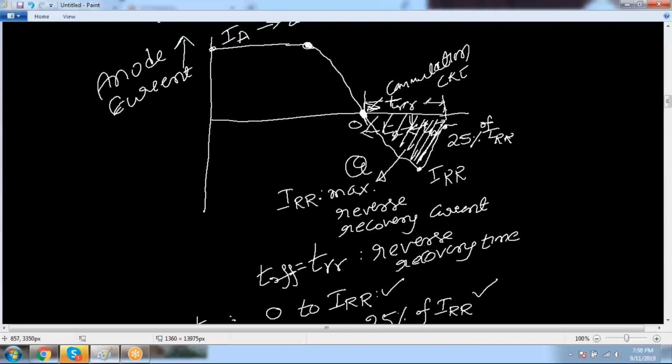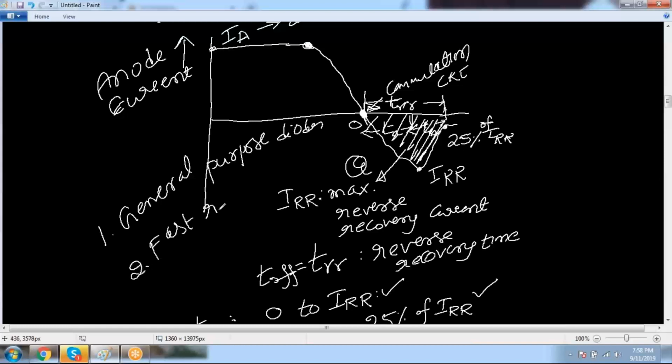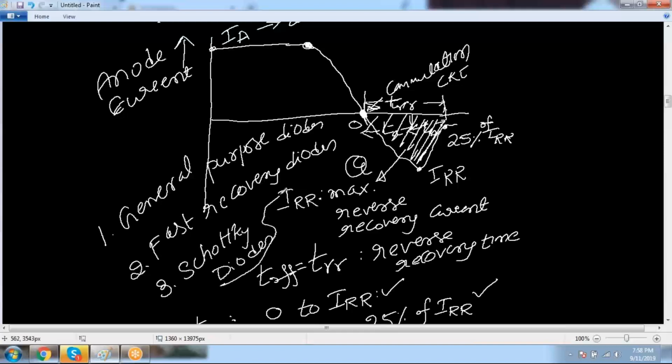That is general purpose diodes, second, fast recovery diodes, and the third one, Schottky diodes. These three are very important.